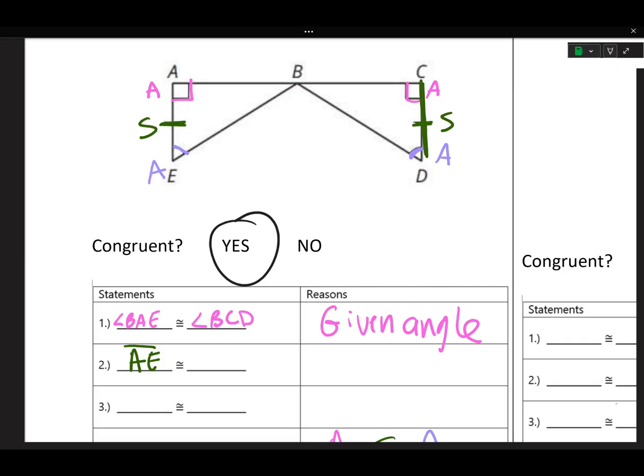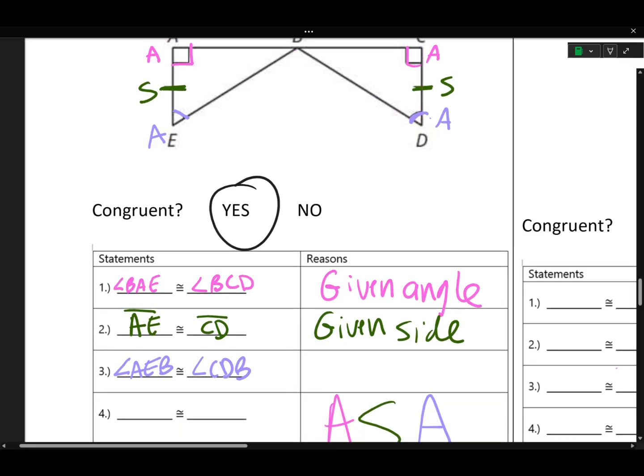On the right triangle, it's side CD. And then let's take care of that last angle. I'm going to call it angle AEB. And on the right triangle, I'm going to call it CDB. And that's another given angle.